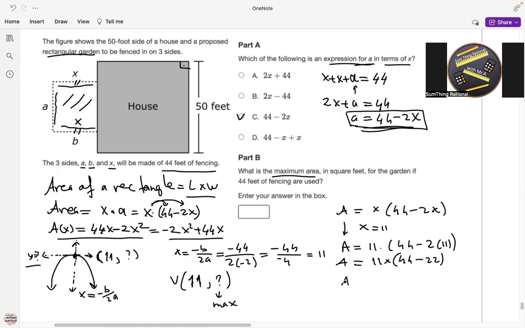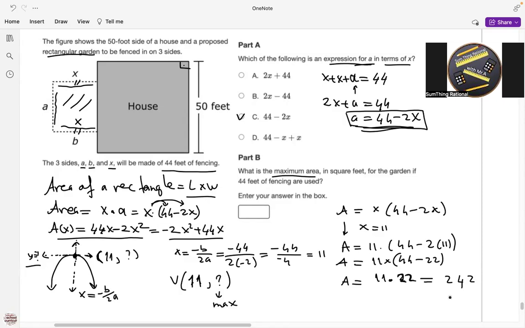So the area at that point is 11 times 44 minus 22, which is 11 times 22. You might know this trick: when you multiply a double-digit number with 11, you write the first digit and last digit, and put their sum in between them.